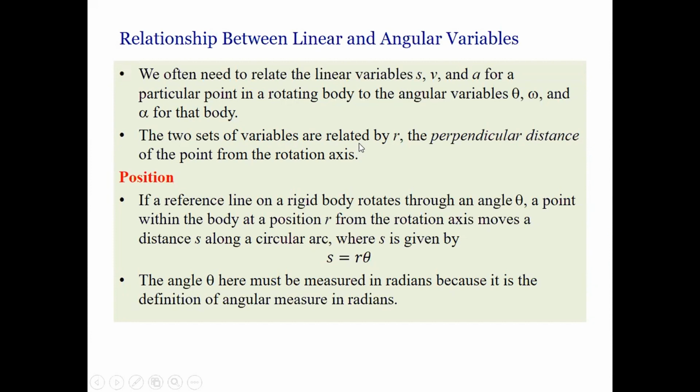The two sets of variables are related by r, the radius of the rotating object, which is the perpendicular distance of the point from the rotating axis.